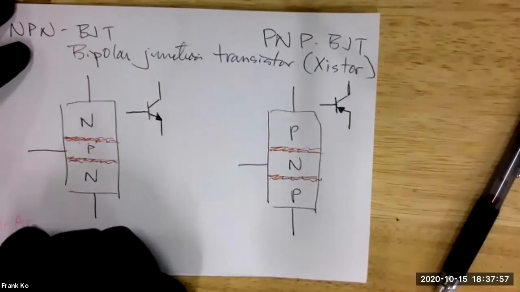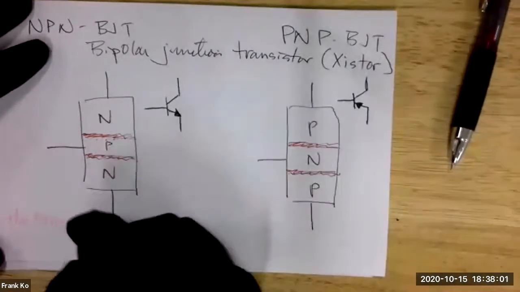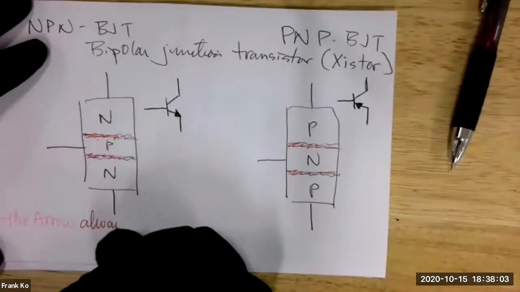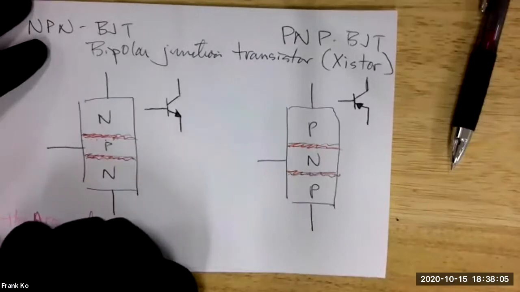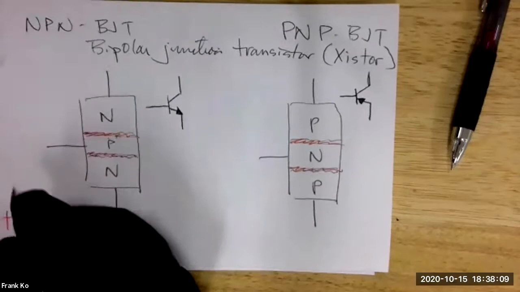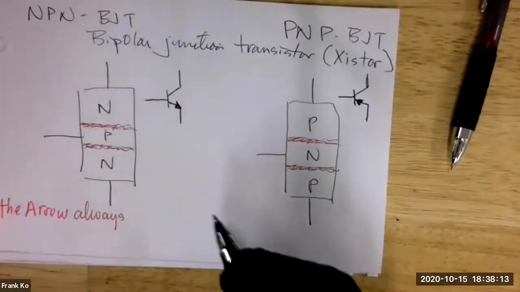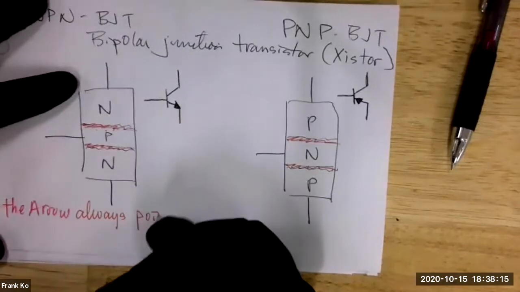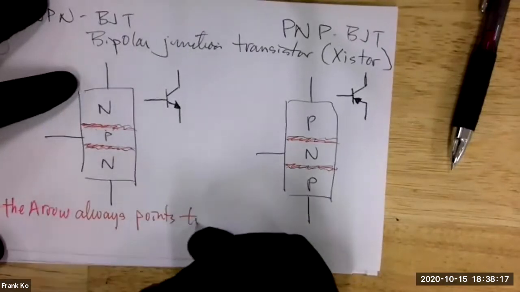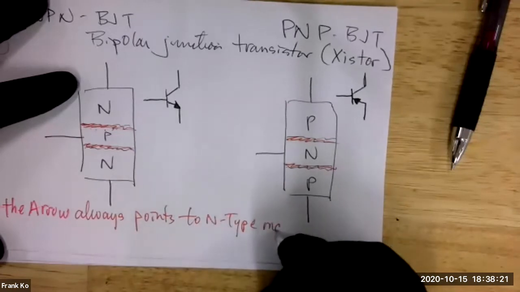The arrow, always, do that in red, the arrow always points to N-type material.